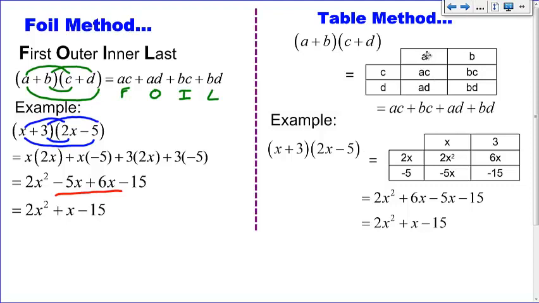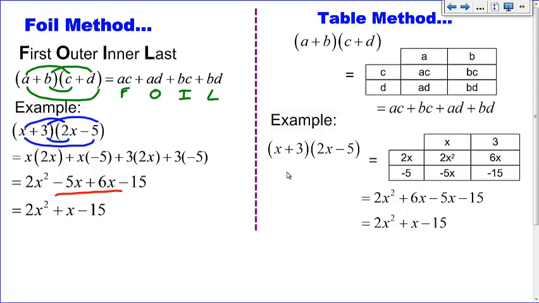What we would do is put the first terms on one side of the chart or table, and then the other two, c and d, on the other side, and then you multiply. So this column right here is a times c. This term right here comes from b times c, and so on. A times d, b times d, and then we add those four terms together.